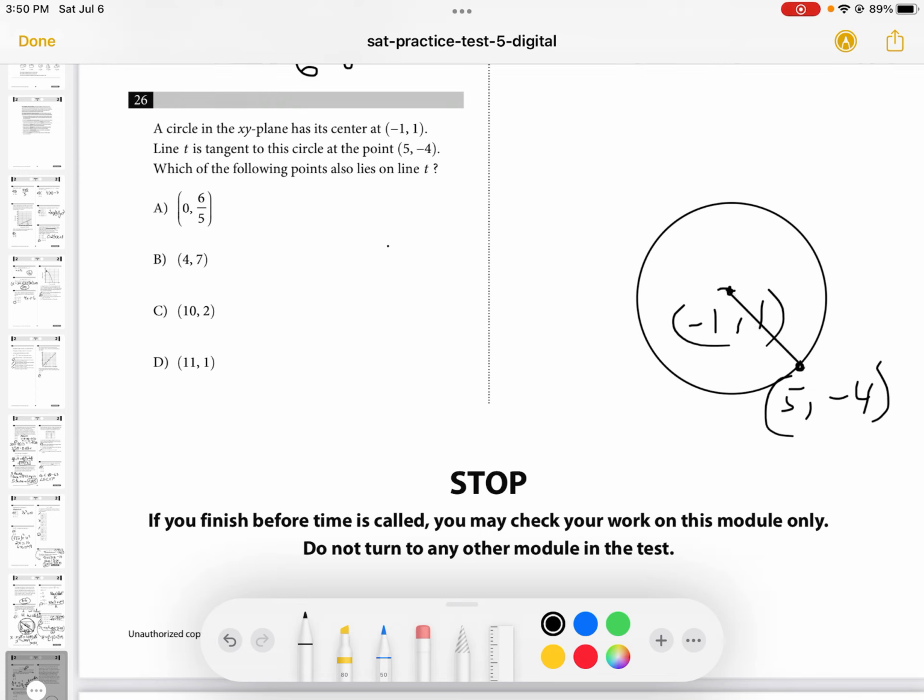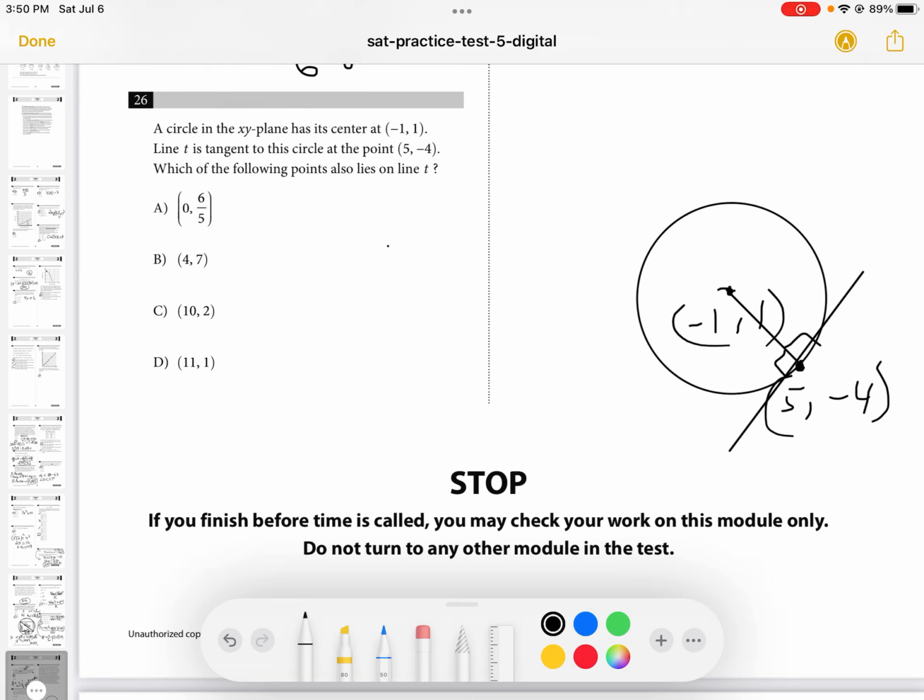Let's connect the two points, and then we have a tangent line going through the same point. 5, negative 4 is on the circle, so you can connect the center to 5, negative 4, and it'll be a radius. But there's a tangent line intersecting the circle at 5, negative 4. And the interesting thing is, these two lines are perpendicular, a geometric property.